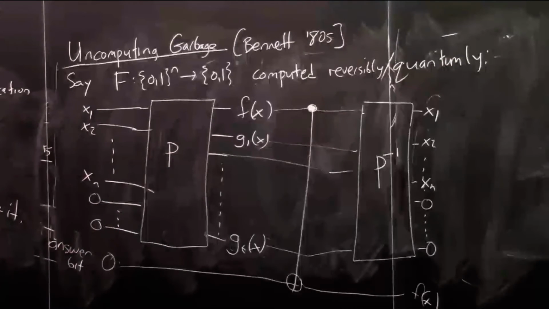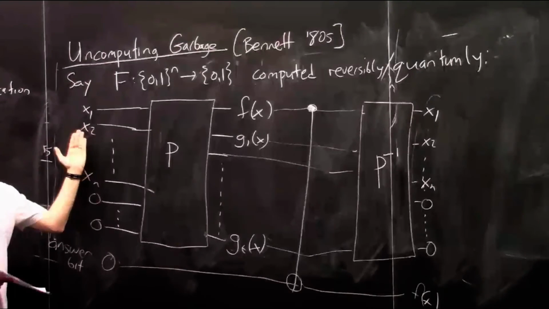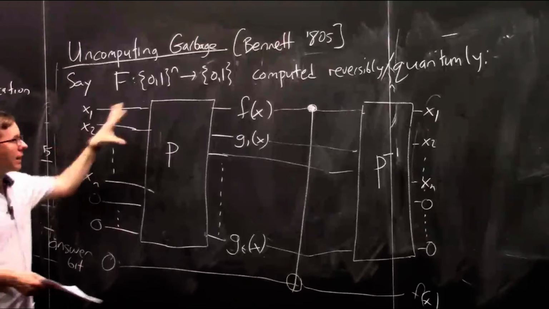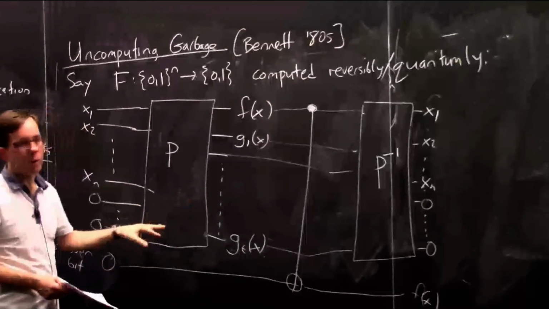Like a classical reversible computation. So what we're typically going to be imagining is that you'll actually be putting a superposition of states in here, which is going to be the cool move. But these are all going to be classical CSWAPs and NOTs and whatever.